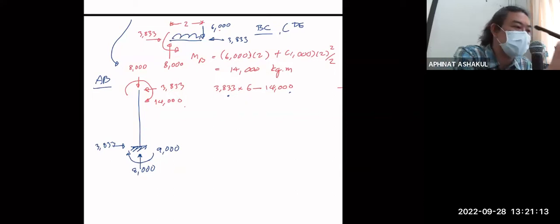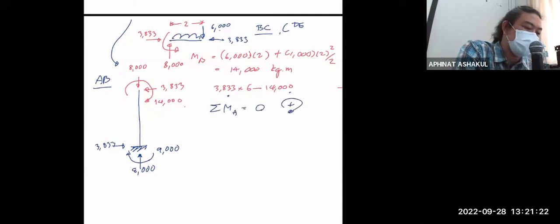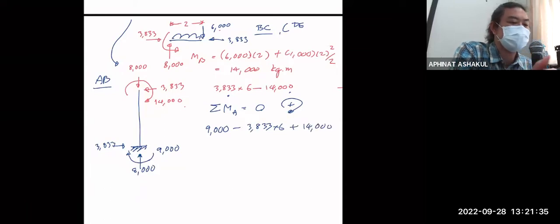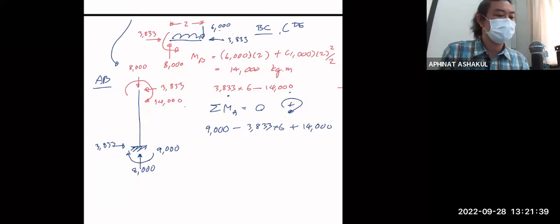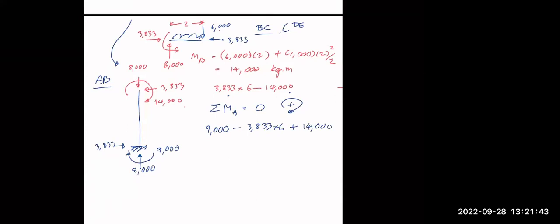But if you want to make it right, you say sigma MA equal to 0 and clockwise is positive, so you have 9,000 minus 3833 multiplied by 6 plus 14,000. That's going to be the correct one, right? And then this is 0, right? Yes, sir. Okay.